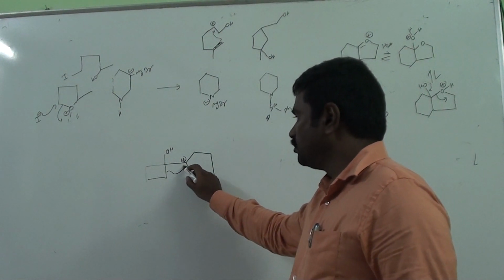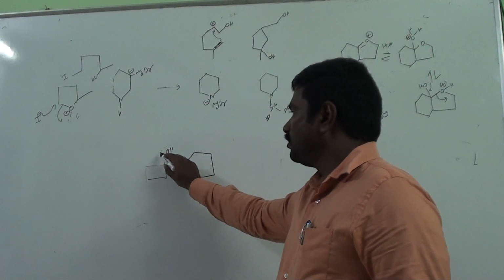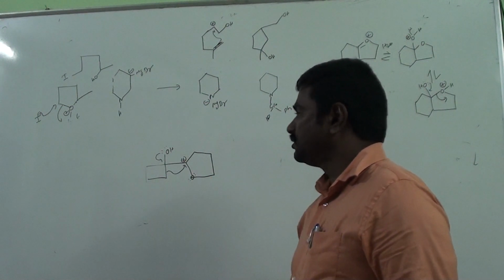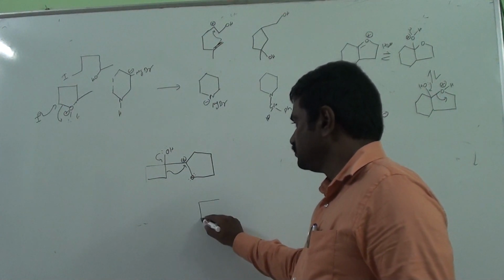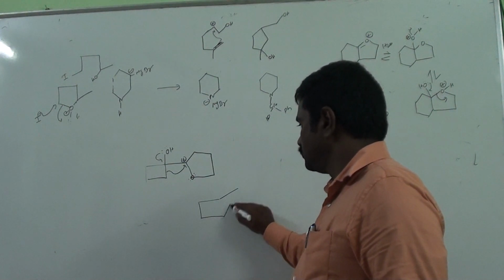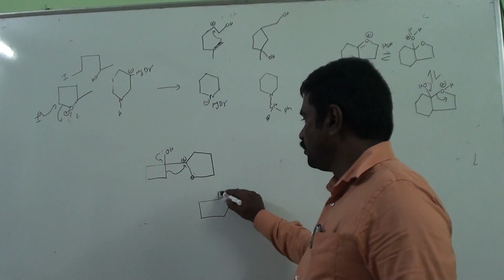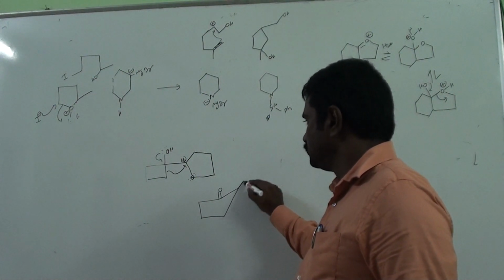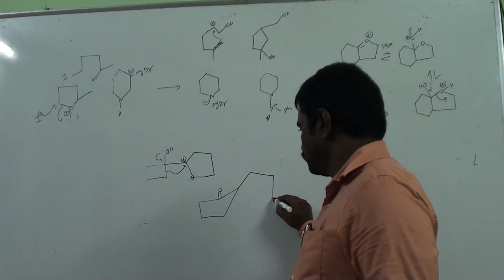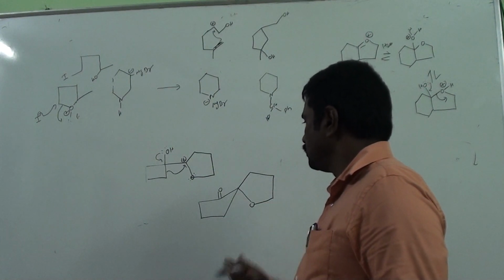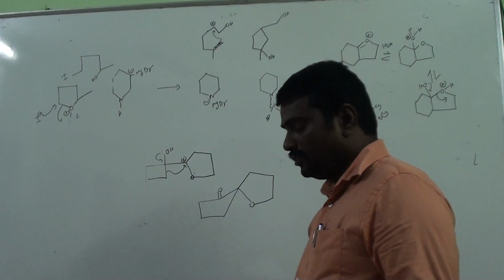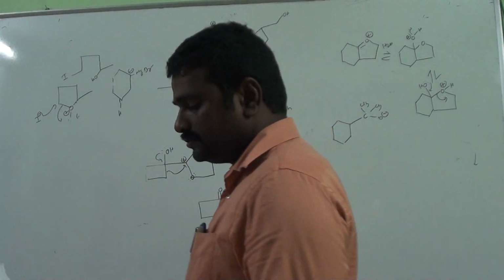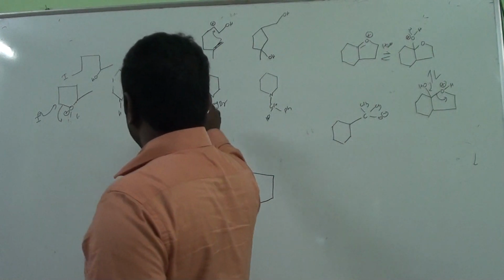The ring expansion is also favorable because you have oxygen to support the electron deficient carbon after expanding. So you will get the double bond group. Okay. So A is correct. B is also correct.